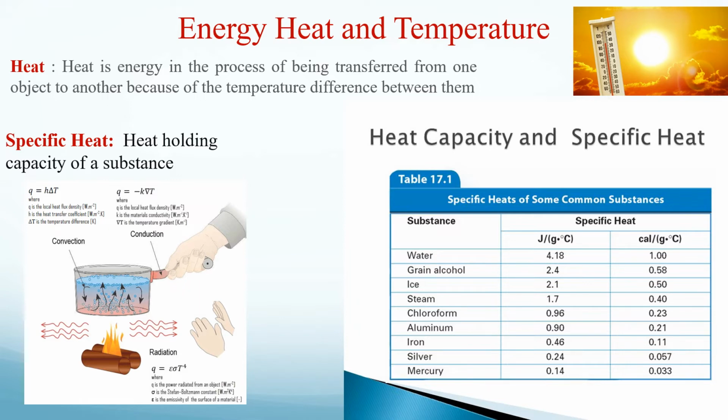How about other materials' specific heat? For instance, dry soil has a specific heat of 1/5 of the water, which means that water has 5 times more heat holding capacity than dry soil. Water also has more specific heat capacity than air.